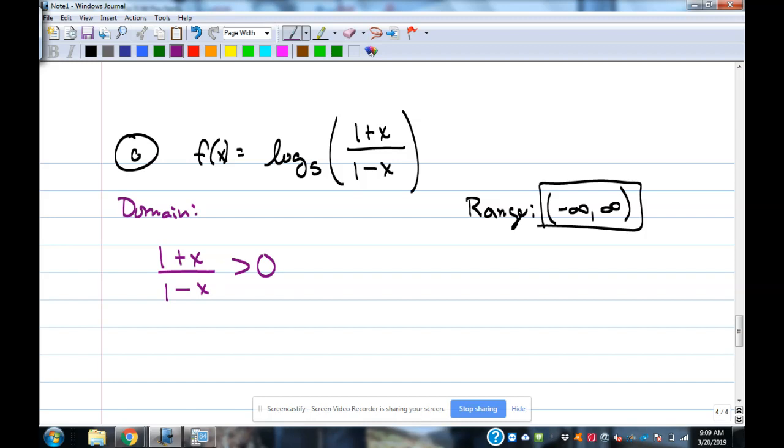Rational functions, when you're dealing with them as an inequality, you have to set up intervals to find their results. Those intervals are going to be, where's the top part equal to 0? -1. Where's the bottom part equal to 0? +1. So we have a -1, we have a +1.